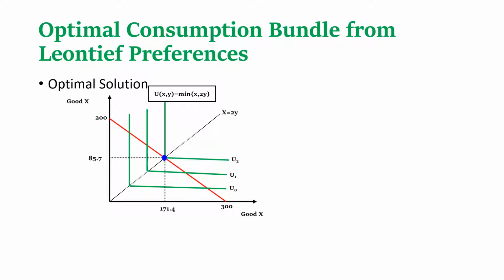So if we represent this here, we have good x as 171.4, and then good y is 85.7. So this whole region represents the optimal consumption bundle of the consumer.